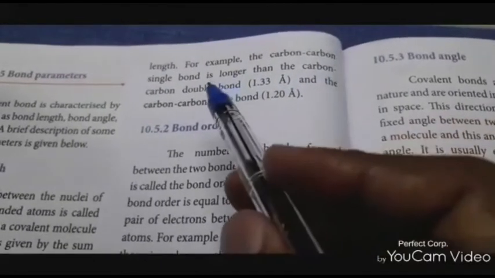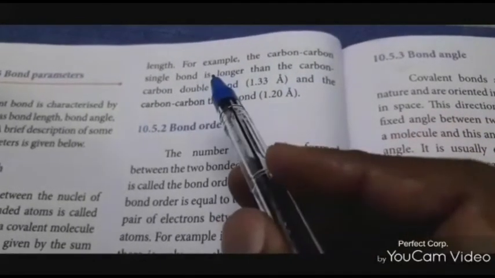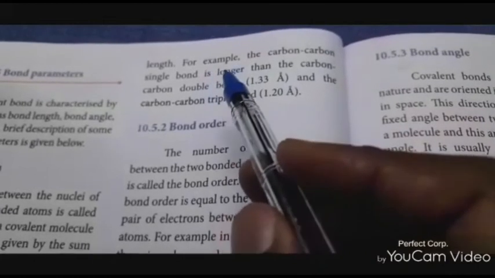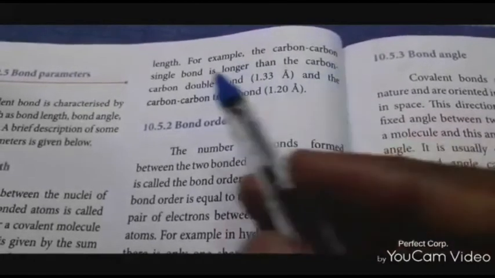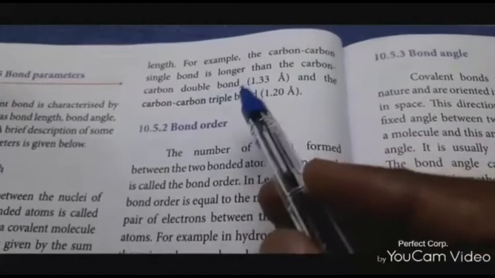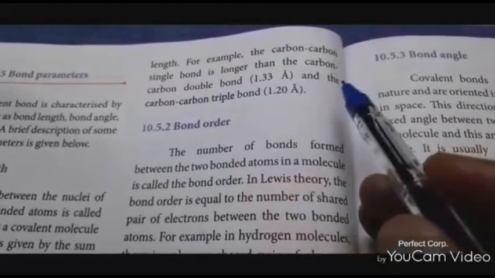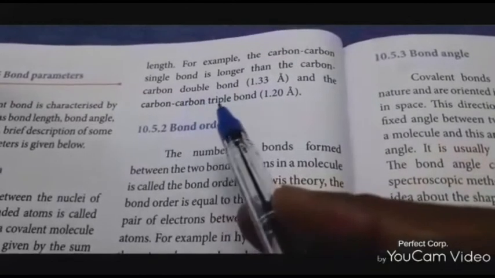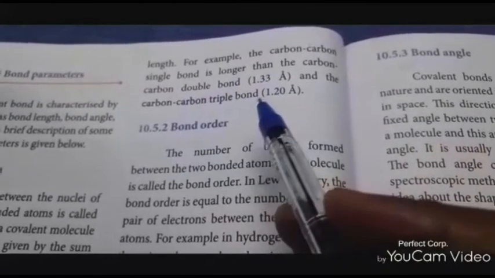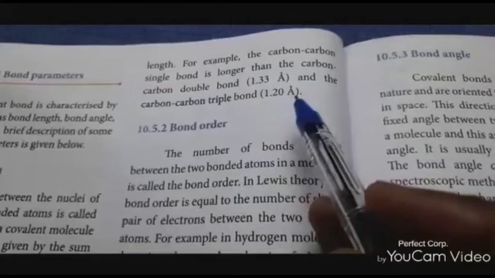Carbon-carbon single bond has the bond length value 1.54 Angstrom, carbon-carbon double bond has 1.33 Angstrom, and finally the carbon-carbon triple bond has 1.20 Angstrom.